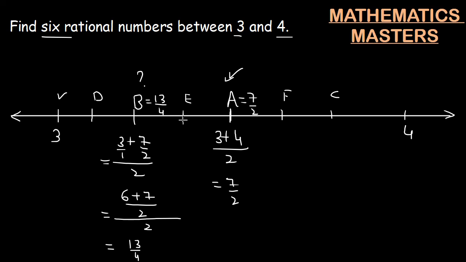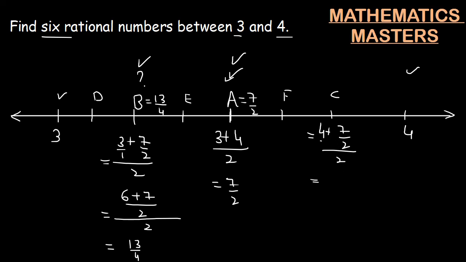So now we have found out two rational numbers, B and A. Similarly, we can find out the C as the middle of A and the number 4. So I can write it as (4 plus 7 by 2) whole upon 2.